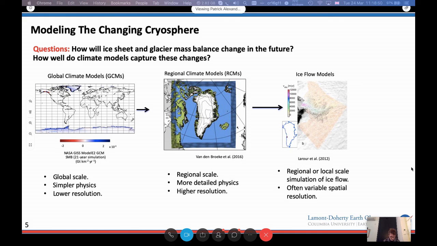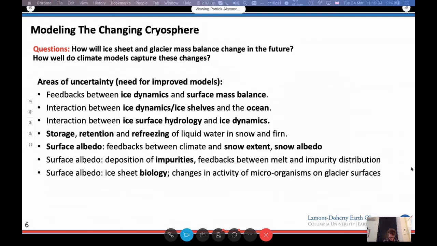So in addition to the importance of this two-way coupling, there are also processes that we don't really understand so well. So this is the subject of ongoing research. Either we don't understand the processes or they aren't really included in the models, and it's something that needs to be included.